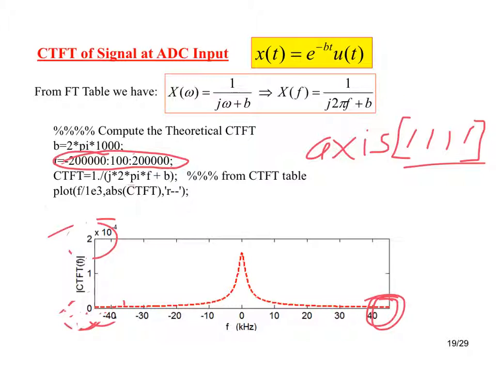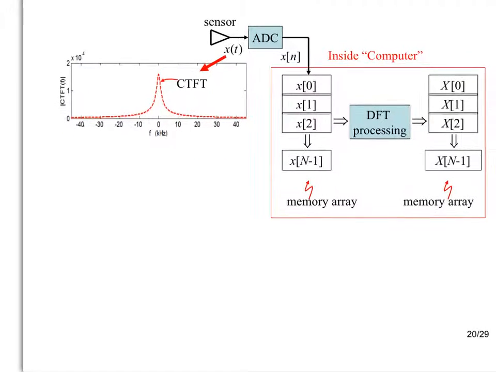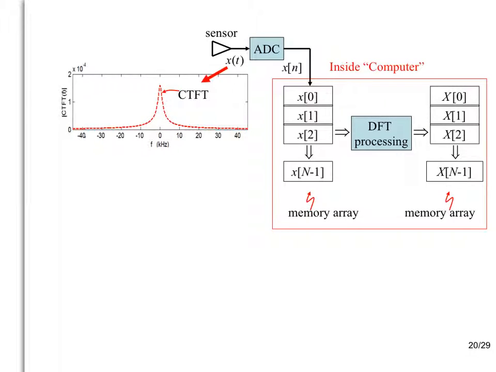Okay, so we've got this nice plot here, and so that's our CTFT, courtesy of theory and Fourier transform table. So let's proceed on. Our next plot that we want to find is the DTFT of the infinite duration samples of this. So we place our nice CTFT plot right up where we've been putting that CTFT plot.